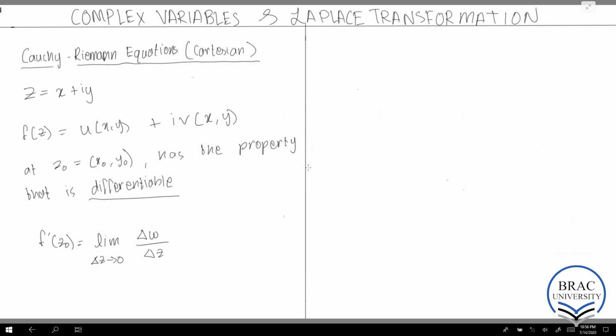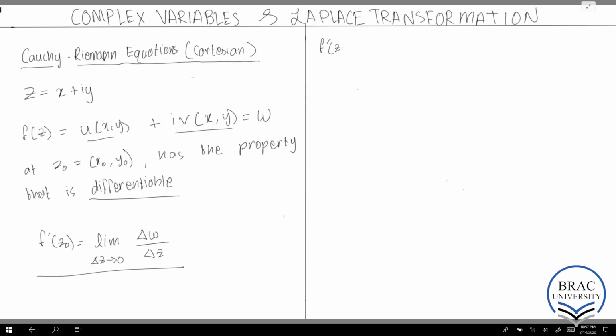Now we can separate out this delta w, since w has a separate real part and a separate imaginary part. Taking a limit here, the limit operator would hit the real part and the imaginary part separately as well, because the limit operator has the linearity property. So we can restate this definition in the following manner.